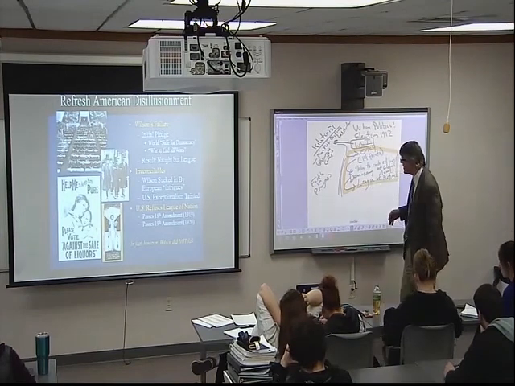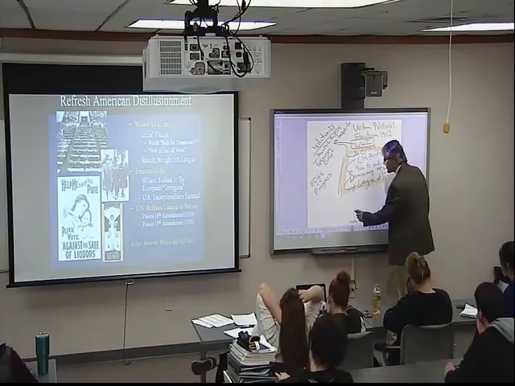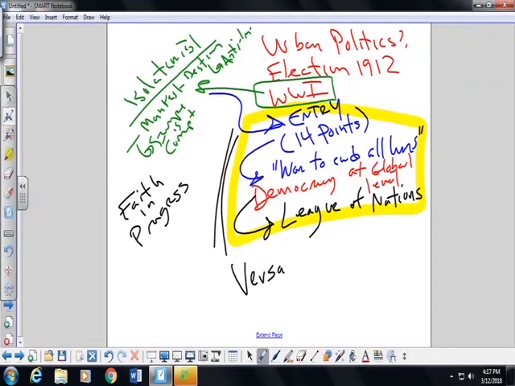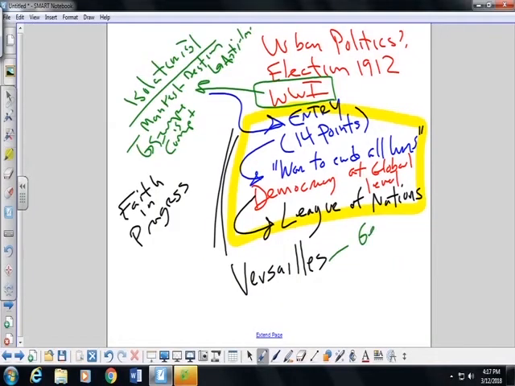The United States wanted to end all wars. But the Treaty of Versailles was a terrible disappointment for the people of the United States. Because it said Germany is at fault. And so therefore, Germany must pay tons of money.